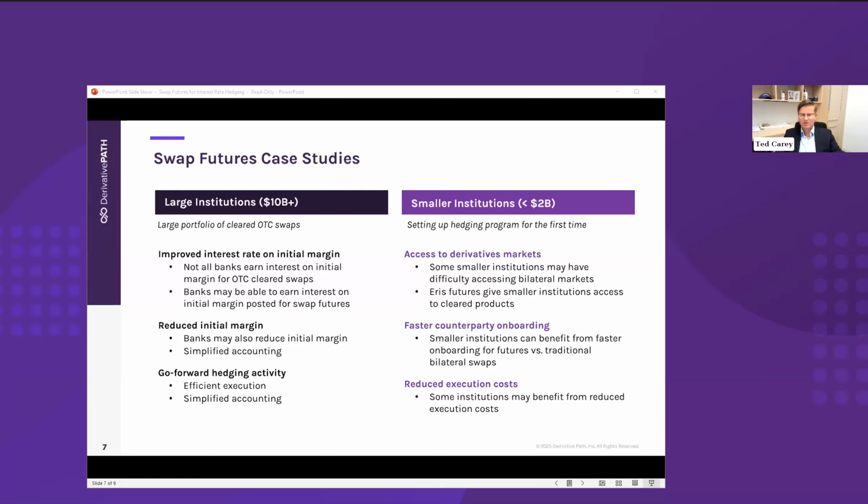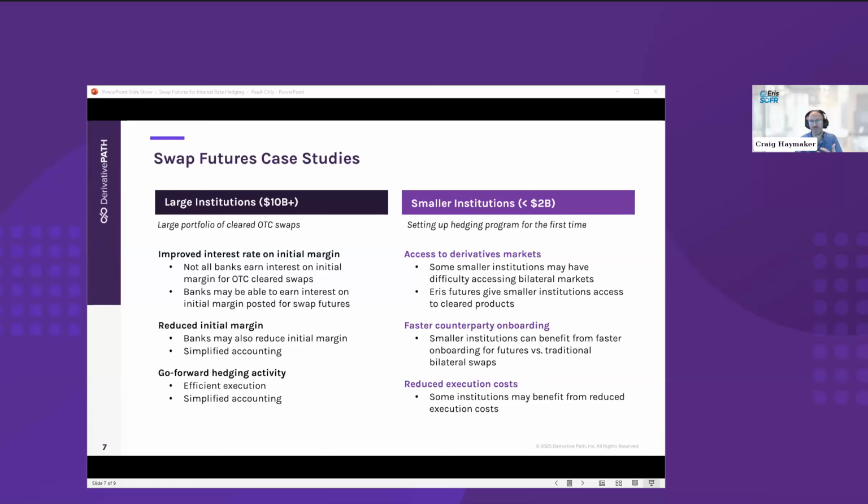Craig, anything you'd add to that? Really well said. Look, it gives these smaller institutions access to the cleared markets, right? Sort of being able to play in the big pool. I think that's really poignant. The construct of Eris SOFR Swap Futures, as well as the portfolio margining that Ted mentioned previously, lends itself to liquidity.